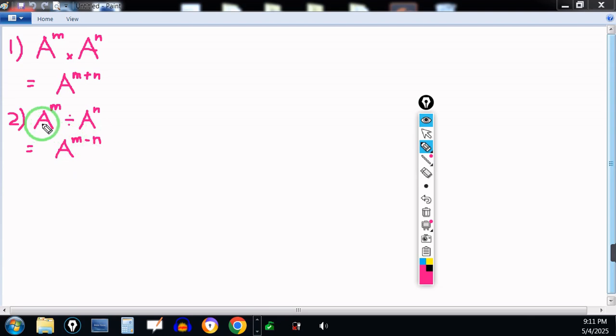A different form of A to the power of m divided by A to the power of n can also be set in the exams like this, like so. A to the power of m, everything over A to the power of n.